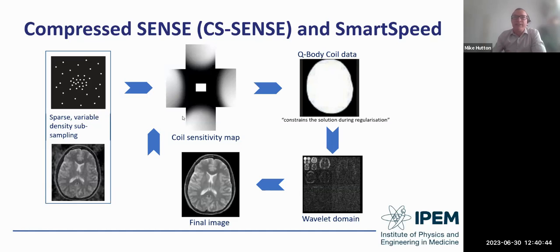They use background data from the Q body coil, and a quote from the white paper on this technique is that it constrains the solution during regularization. I'll be honest, I don't know exactly what that means, but it does sound quite important. Then similar to the generic technique, they use wavelet domain for the denoising, and we go around this loop in our iterative reconstruction method until that threshold has been met or the max number of iterations have been met.